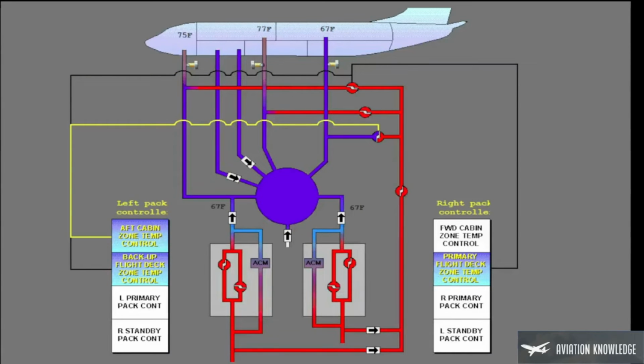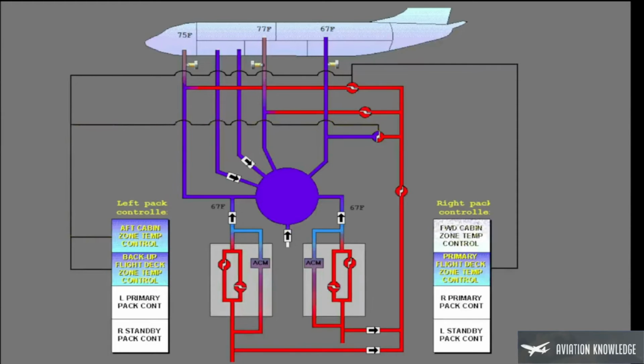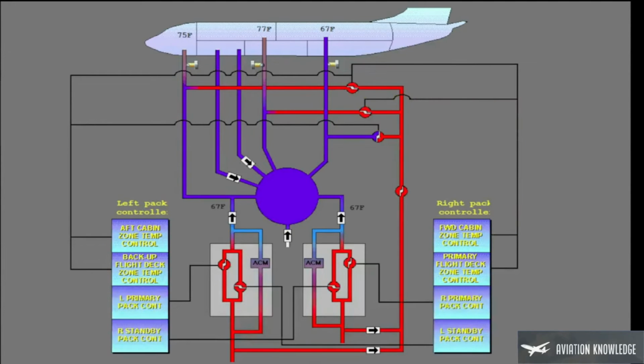The left pack controller operates the aft cabin zone valve, and the right pack operates the forward cabin zone trim air valve. The left and right pack controllers also control the temperature control valves in the packs.